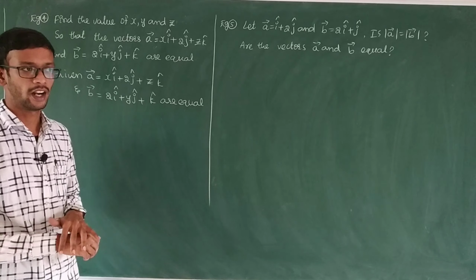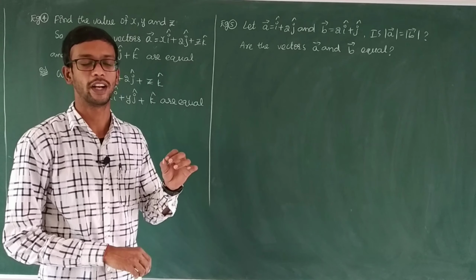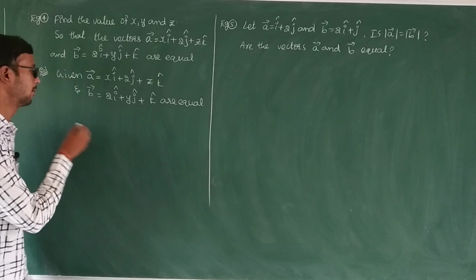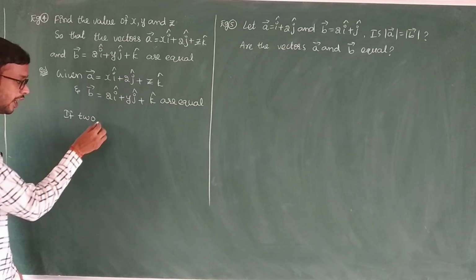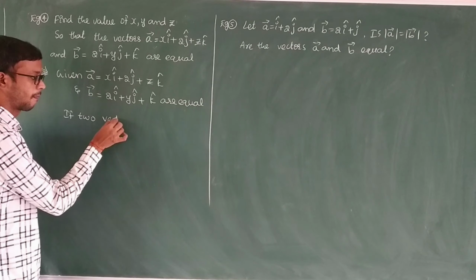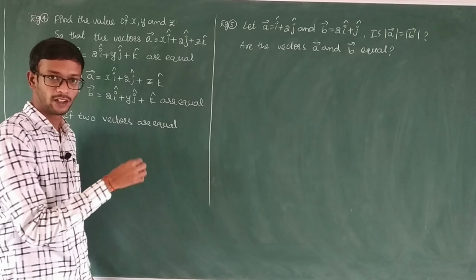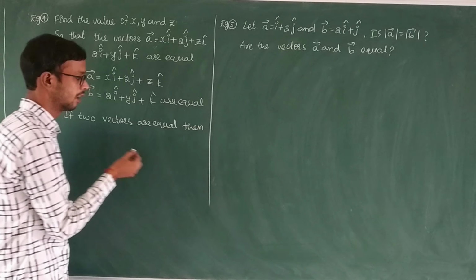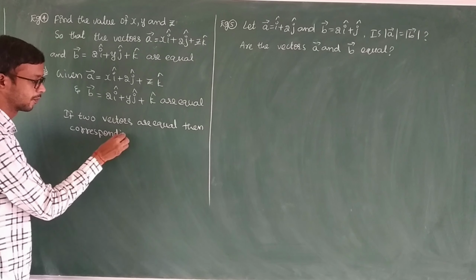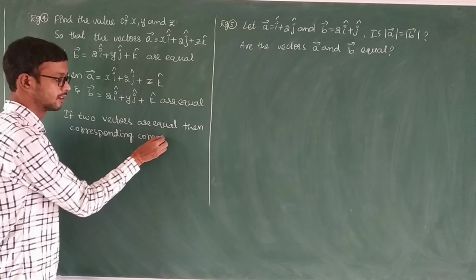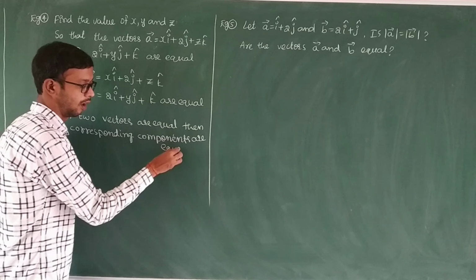Here, very simple, this one uses the equal definition. When will we tell two vectors are equal? If two vectors are equal, then the corresponding components are equal.